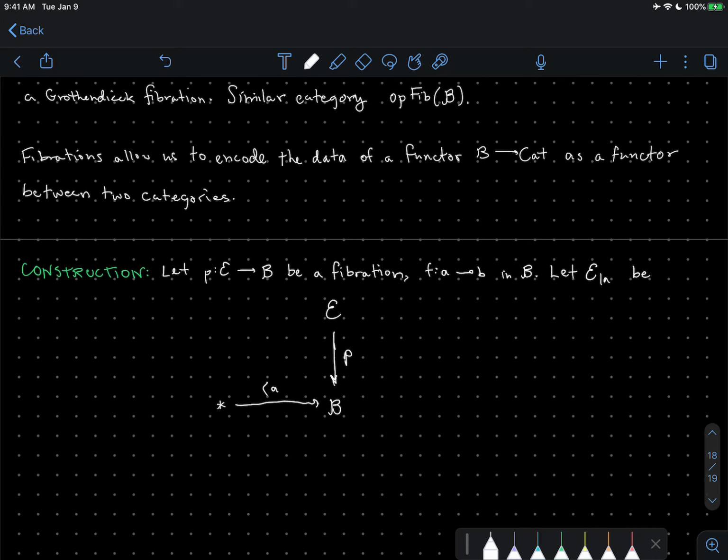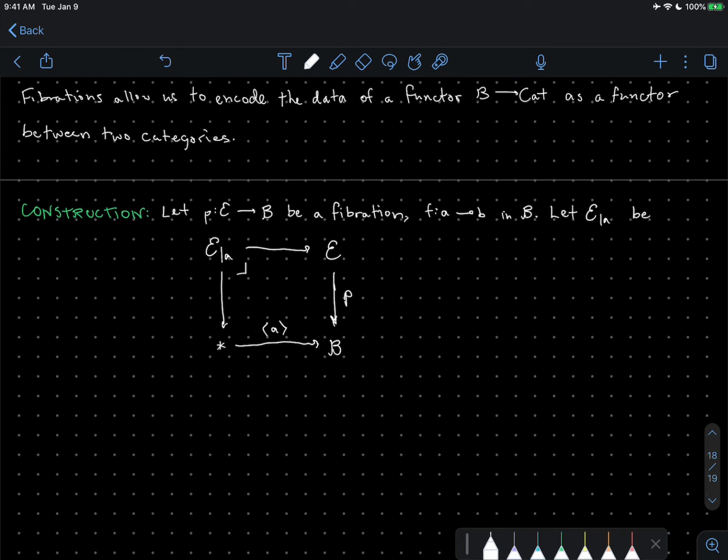This is the map that classifies the object A. So that is going to be the definition of our category E sub A. Usually we decorate pullback squares with that little arrow there.